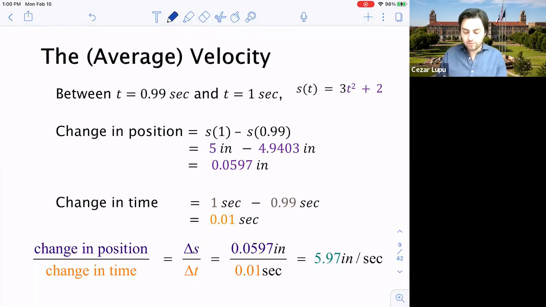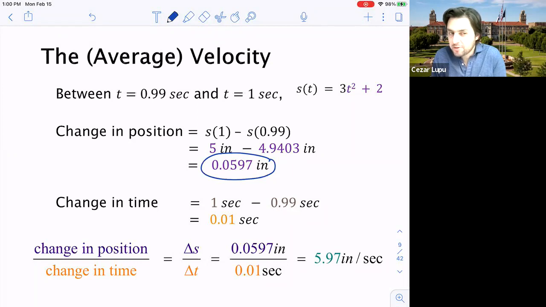So the result of their difference will be 0.0597. Also, the change in time, because I'm wondering what's going on between 0.99 and 1, will be 1 minus 0.99, right? Which will give us 0.01 seconds.